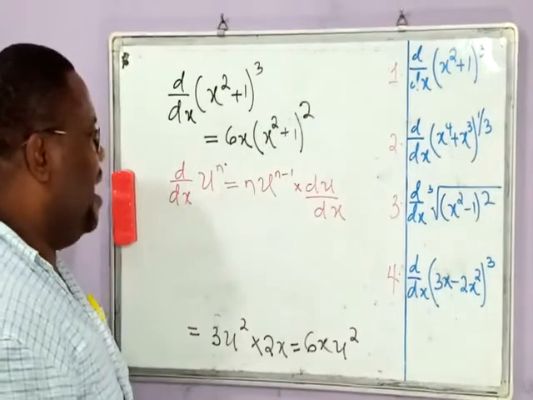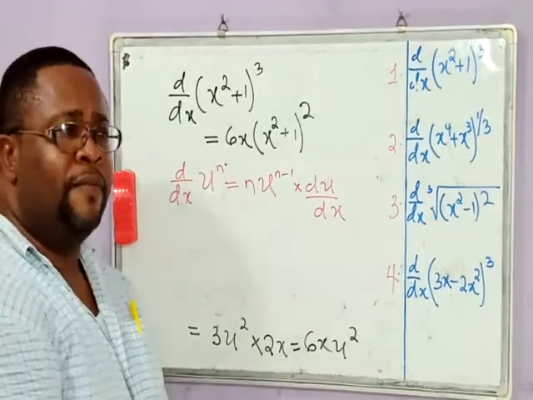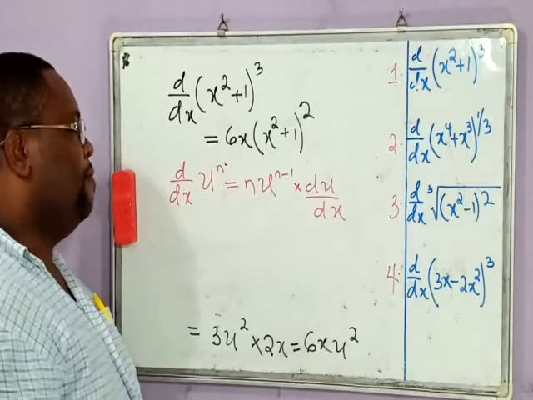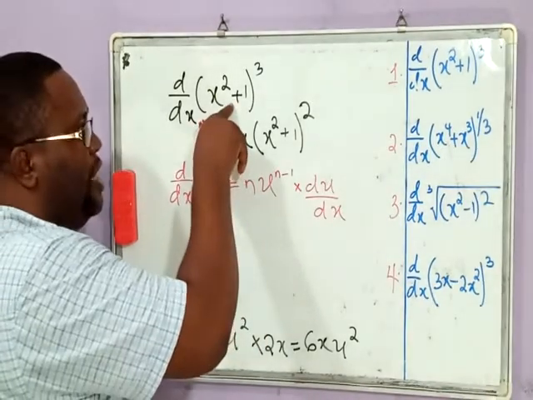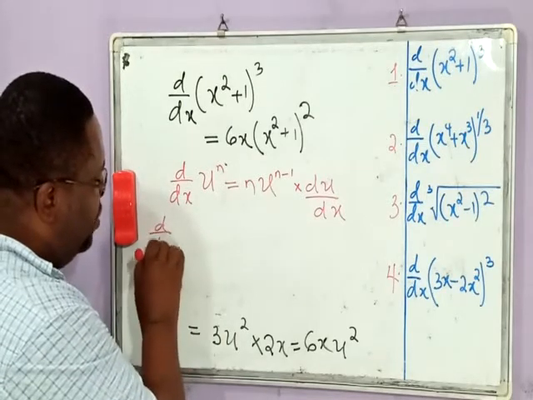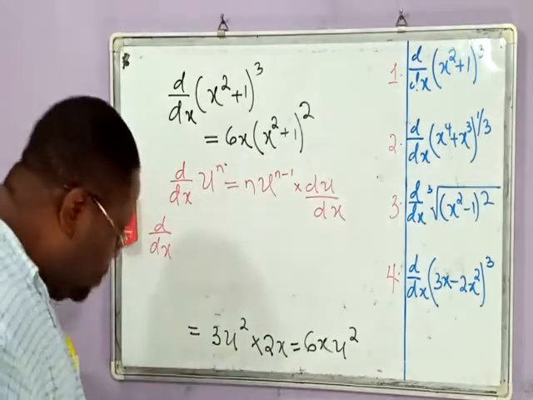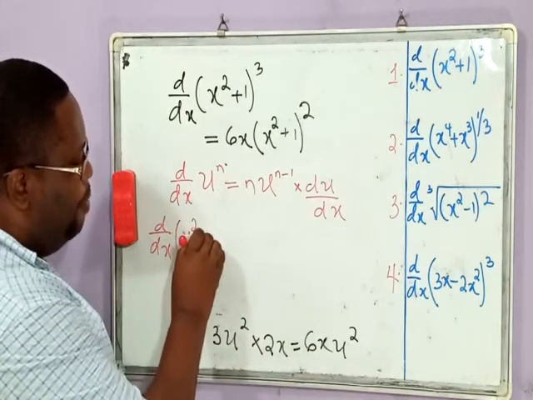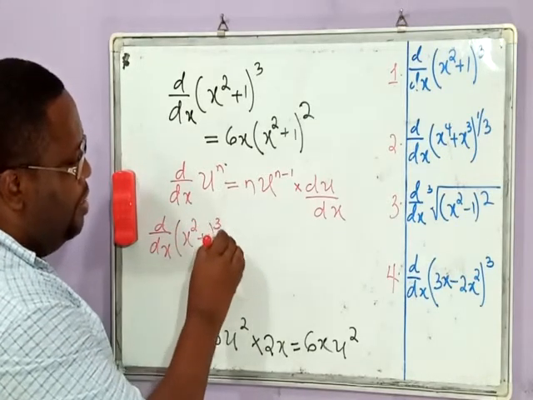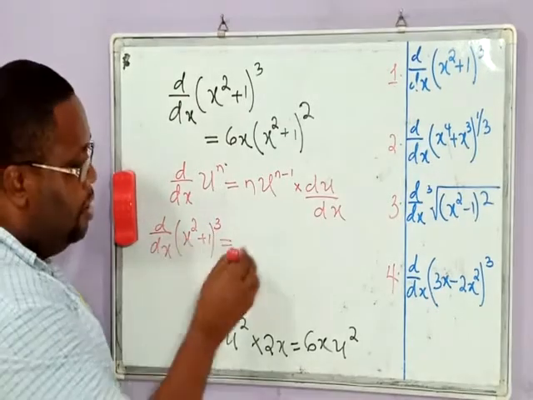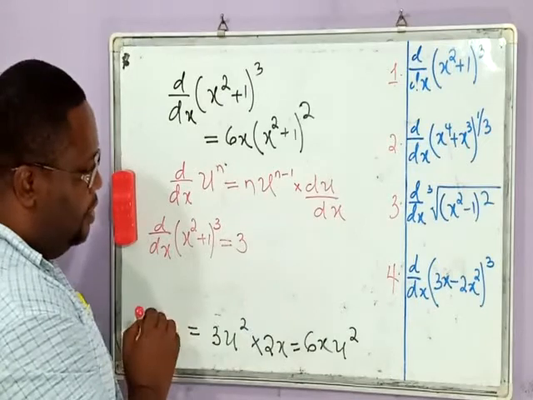Superb. Now, what exactly are we driving at? What we are saying simply is, if I wanted to differentiate with respect to x the function x squared plus 1 all cubed, it's simply going to be equal to, I'll carry this 3 and bring it down. I simply have my 3.